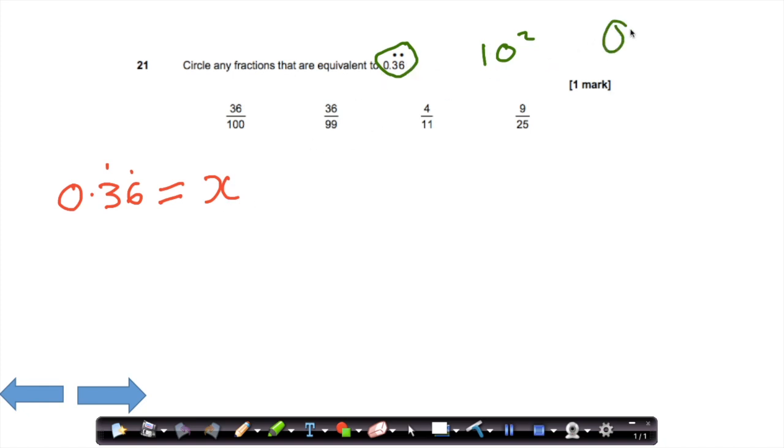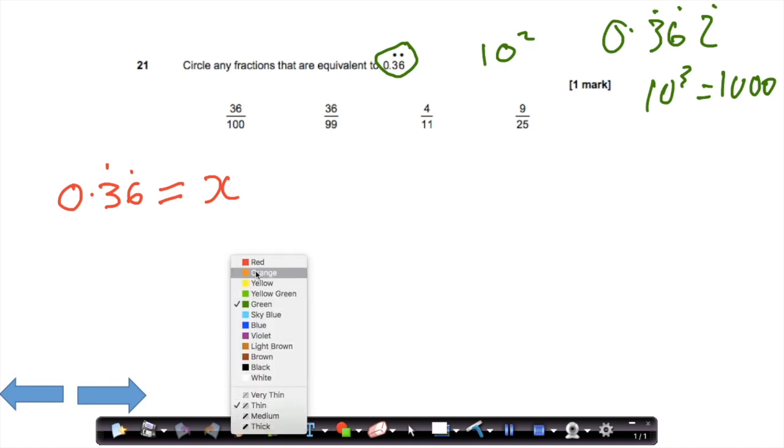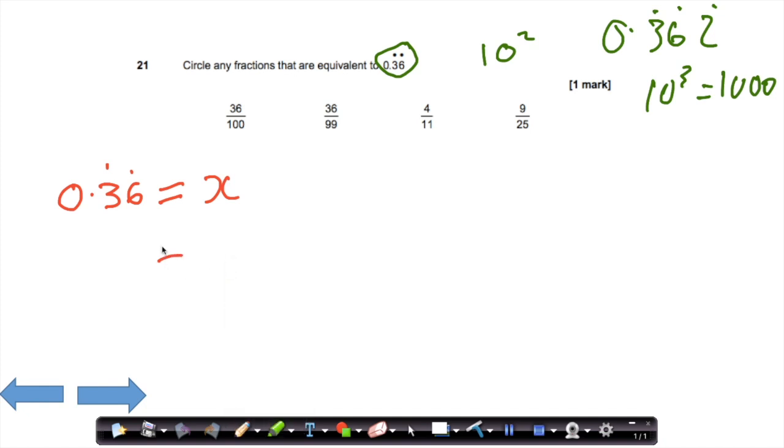So if it was 0.362 and they were all recurring, you would have to multiply x by 10 to the power of 3, so 1,000. But in this scenario, we've got 2 digits recurring, so we're going to multiply it by 10 to the power of 2, so 100. So 100x.